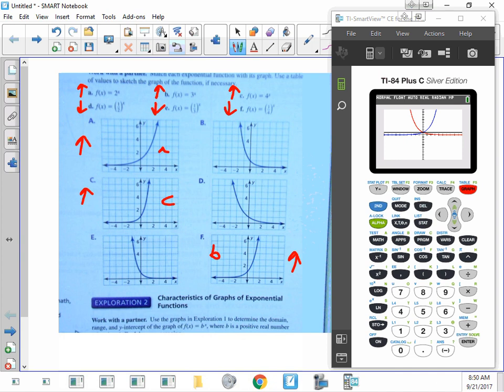Okay. Of the equations, little d through little f, which equation is dropping the fastest? E is the fastest. Why? It has the smallest fraction. 1/4 is smaller than 1/2 or 1/3. Everybody get that? Okay. So which graph is shrinking the fastest?